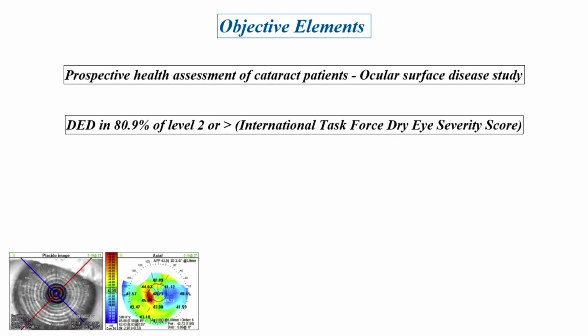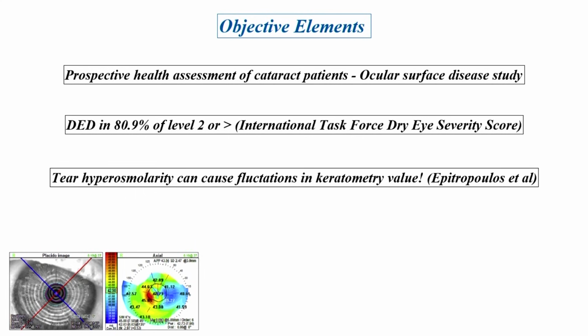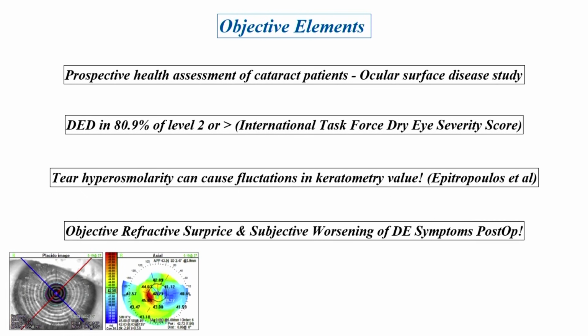In the cataract pool, about 80% of patients have grade 2 or higher dry eye. We know hyperosmolarity of the tear can produce fluctuations in keratometry value, and keratometry is one key investigation that we need for a good outcome.